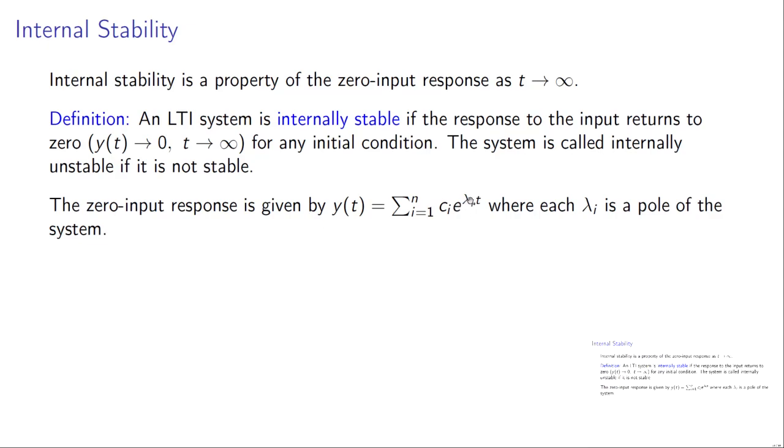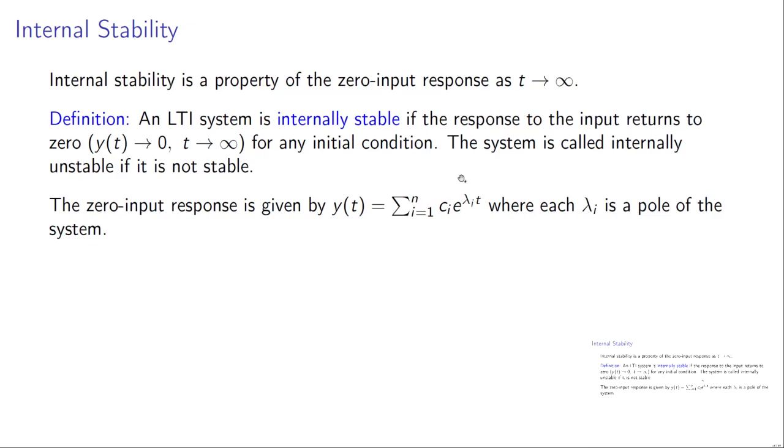So it's easy to see that if the real part of lambda is positive, the exponential will just grow, okay? And if lambda has a negative real part, the exponential will decrease with time. That's why poles with a negative real part imply stability, because this is the answer of the system. Where does this come from?